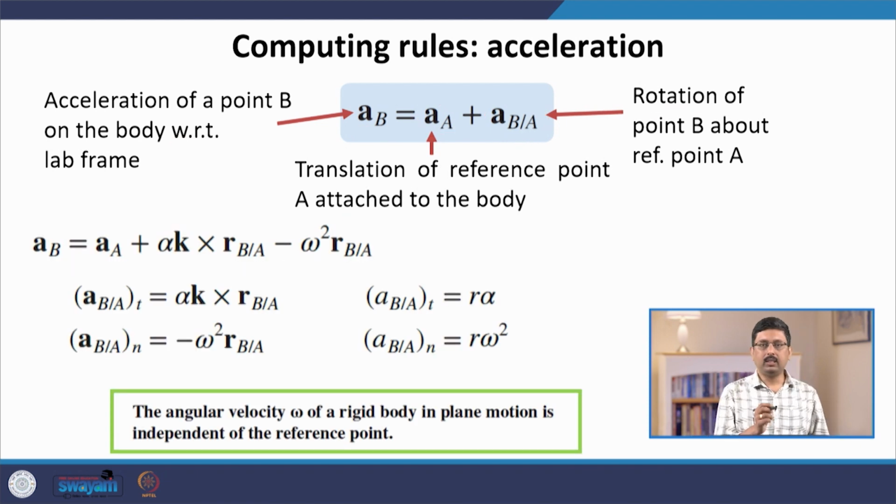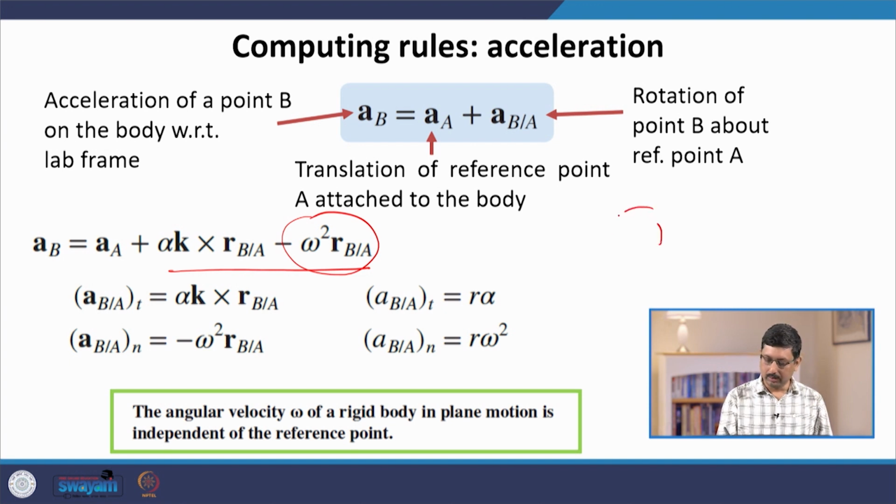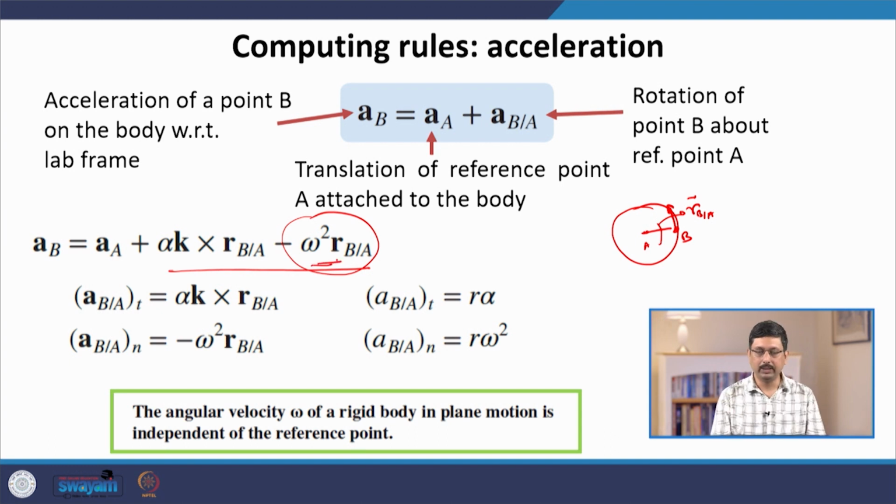I just mentioned that the expression for the relative acceleration of the point B with respect to A has two pieces. Consider a circular motion: this is point A, this is point B, and this is the location of B with respect to A. If B moves in a circle, its direction is continuously changing, so it must feel an acceleration towards the center of the circle, that is towards A, which is this term, the centripetal acceleration.